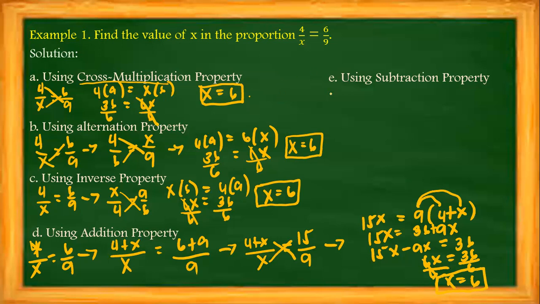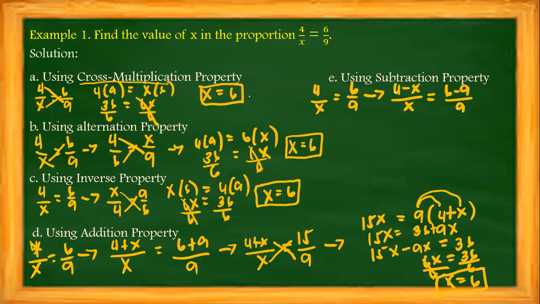Now let's move on to the subtraction property. Let's write down first our given 4 is to x is equal to 6 is to 9. In subtraction property, just subtract, then divide by x equals 6 minus 9 divided by 9.